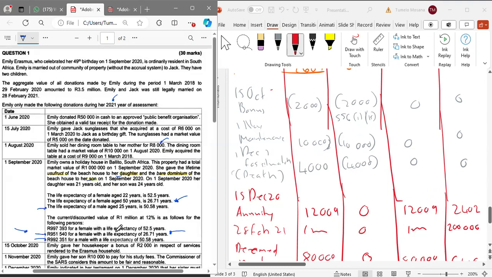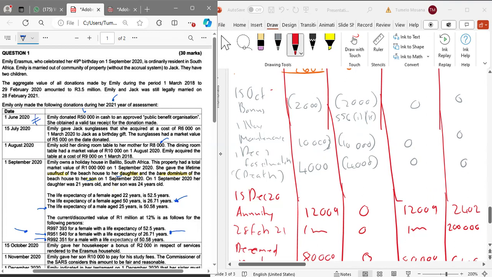This one will not be a disposal, because for a disposal you need to dispose of an asset and cash is excluded from the definition of an asset, right?